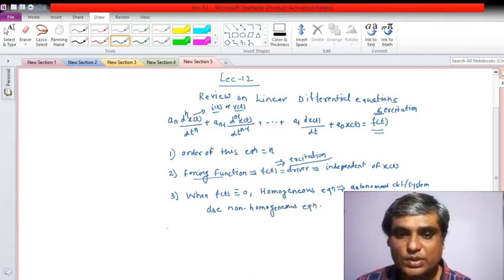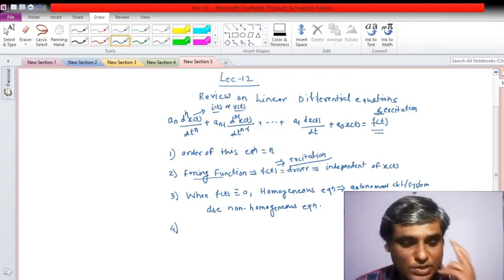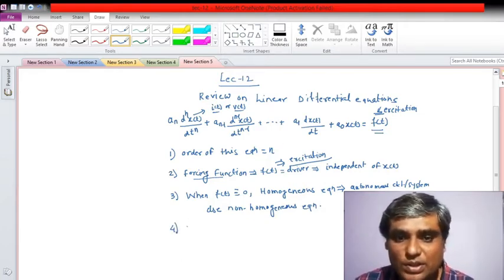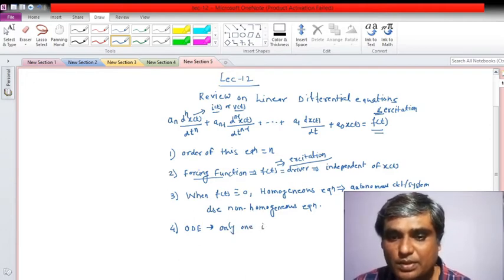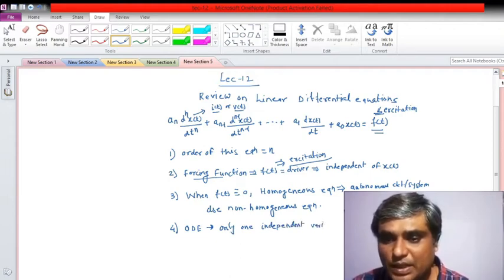The fourth point I would like to mention is that this is called an ordinary differential equation. Why is it? Because it consists of only one independent variable, which in this case is t.